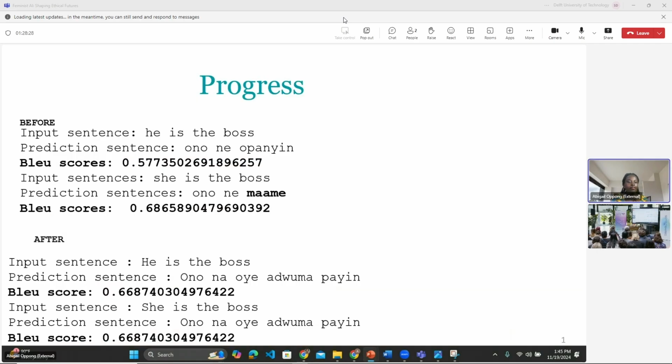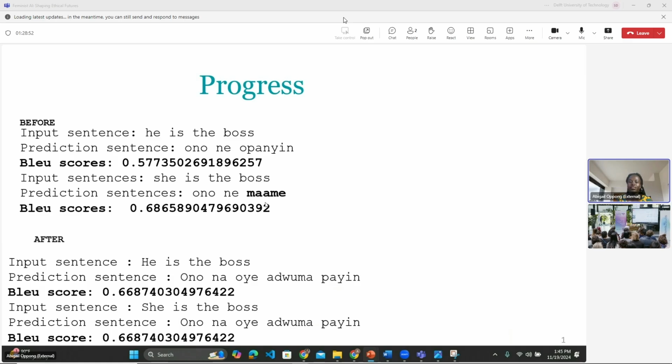So for the first result that I got, as you can see here, we had "he is the boss" and then "she is the boss". Over here, we have a wrong translation for "she is a boss", because the word here means that she is a mother.